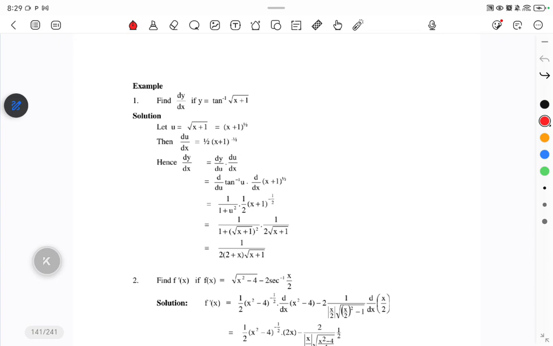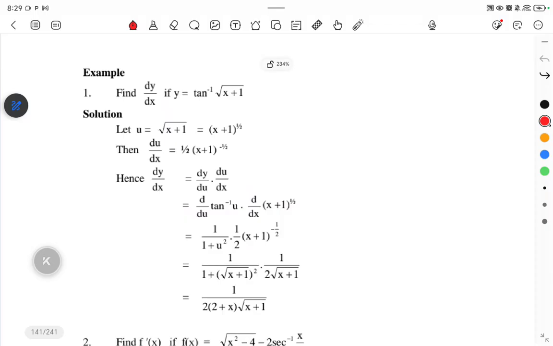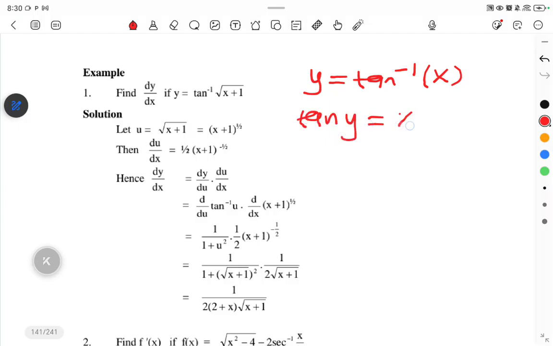What we know from the previous theorem is that if we have y being equal to arctan of x, first I would introduce tan on both sides. This would be tan y equals x. You see, right?